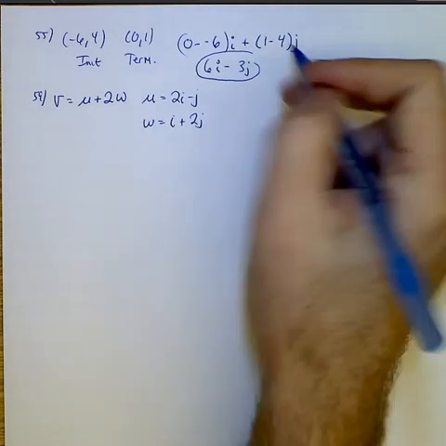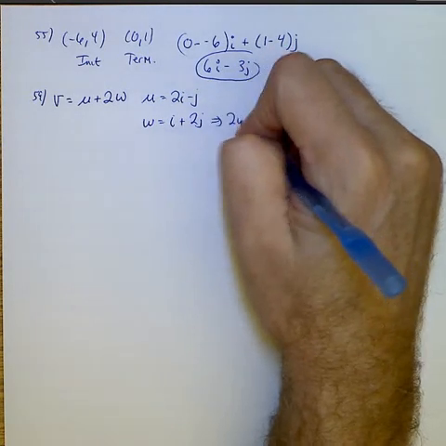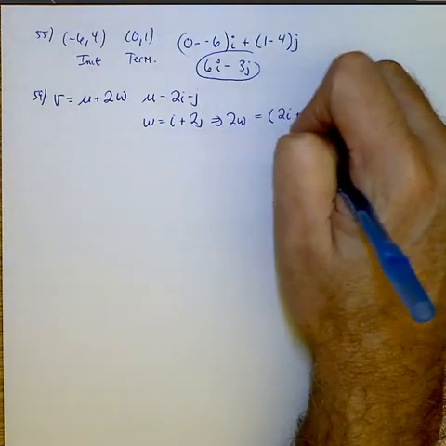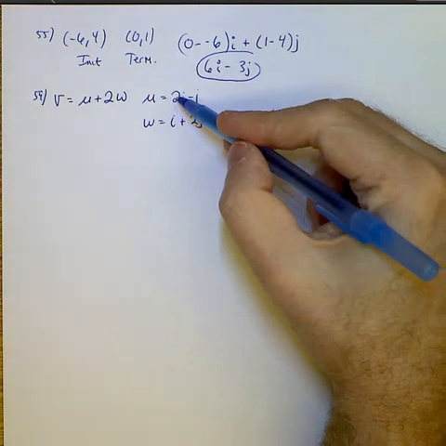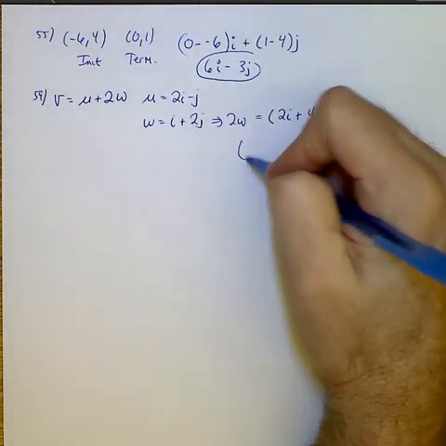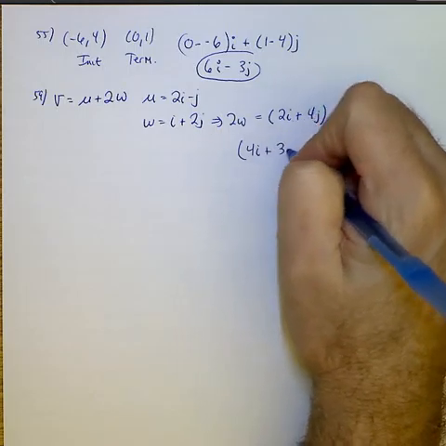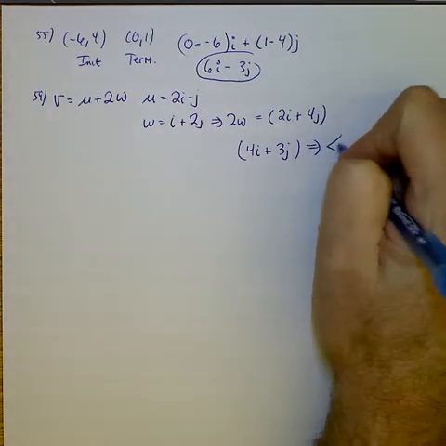Well, there's u. 2w is going to be equal to 2i plus 4j, and if we add u plus 2w, we get 4i plus 3j, and so if we put that in component form, that's basically 4 comma 3.